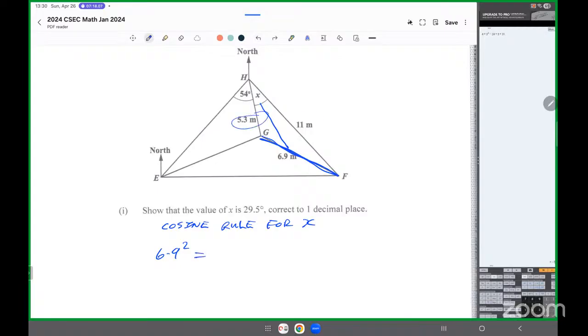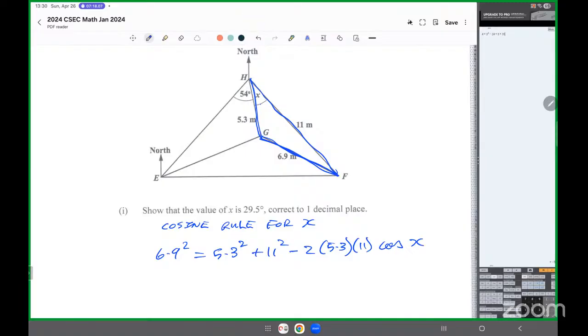Remember, I'm working in this blue triangle now, using cosine rule in it. So the 6.9 squared is going to be equal to the 5.3 squared plus the 11 squared. But it's not part of the same, so you subtract a piece. You subtract twice the product of these two sides, the 5.3 and the 11, and the cosine of the angle between them, which is the x. That's what you're solving for, x.